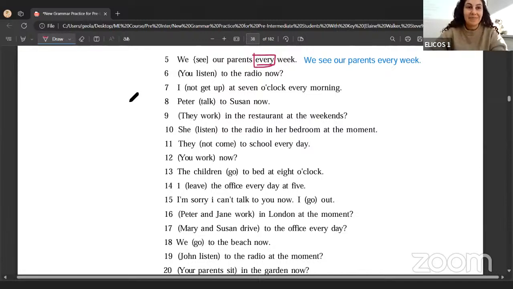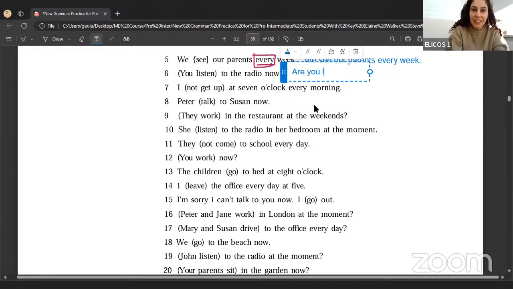Okay, 6. So you have to choose, is this going to be in the simple or the continuous? You have to make it a question. So yes, are you? Good. We know it's a continuous question. Are you listening? Are you listening to the radio now?